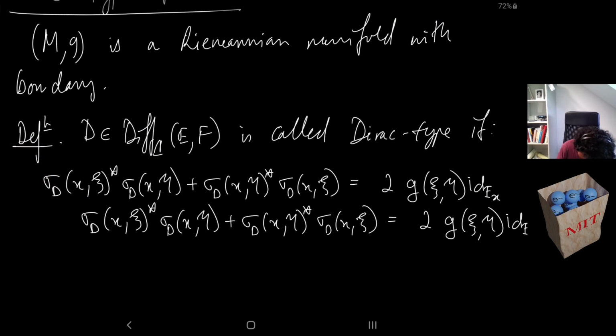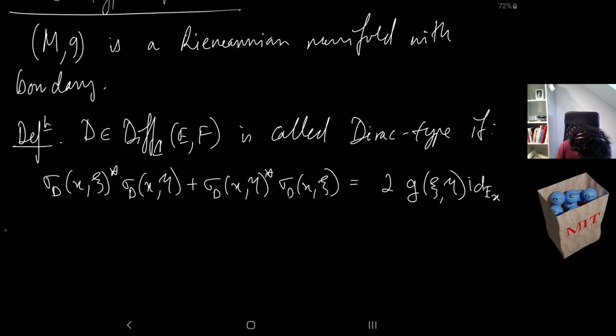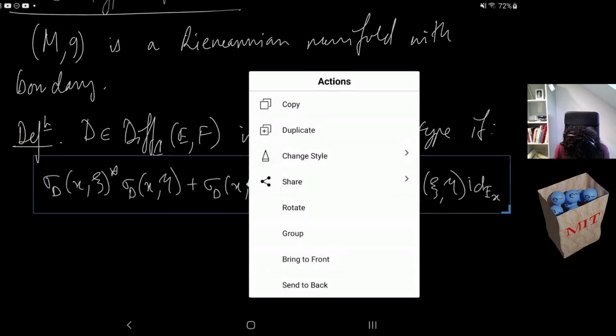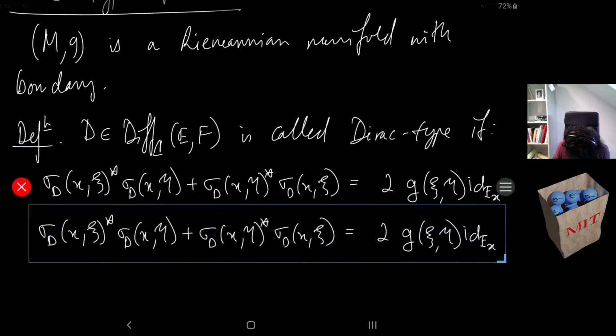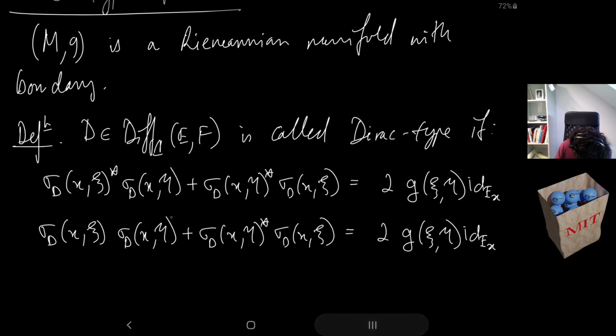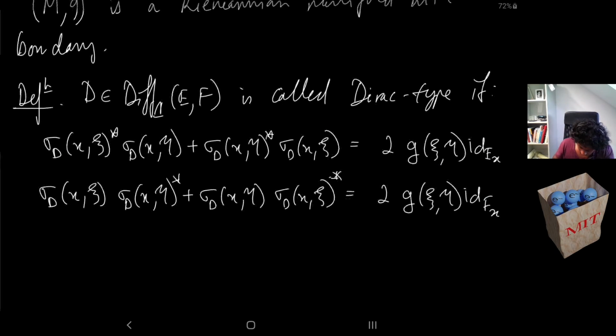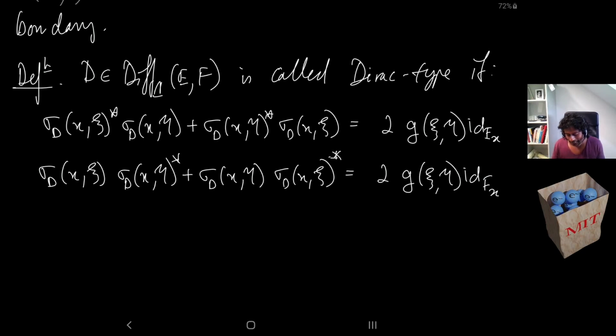Oops, that's not what I wanted. Maybe I should have just written it out instead of trying to be fancy. Duplicate and move. Okay, now I'm going to move the adjoints, and then this has to become the identity on F_X, right? So if this is satisfied, then we say that D is Dirac type.